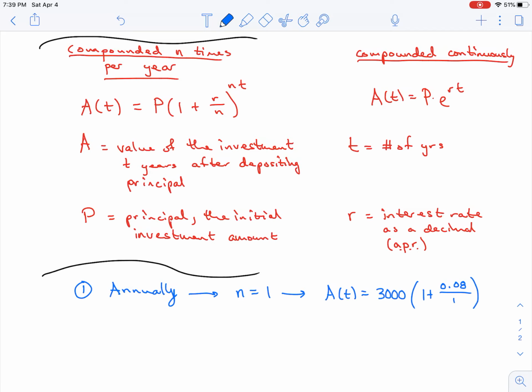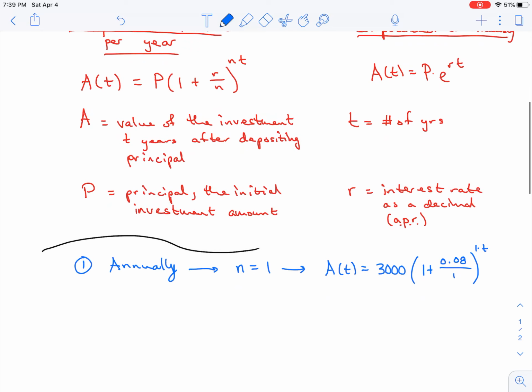The n is 1, and so we get this here is 1 times t. We don't actually have to write that 1 up there. I'm writing it for instructive purposes.